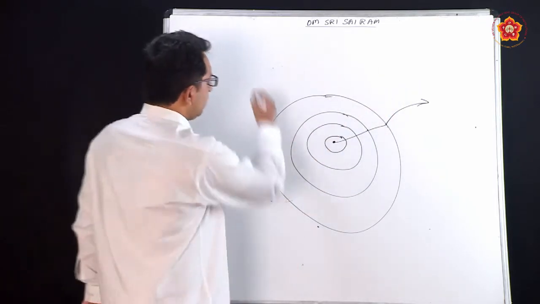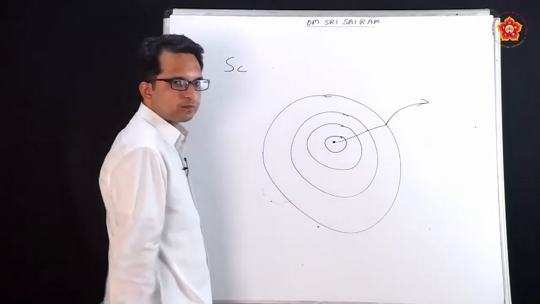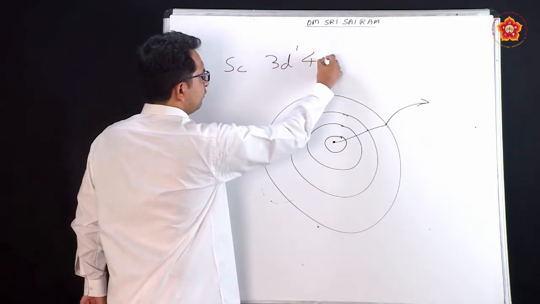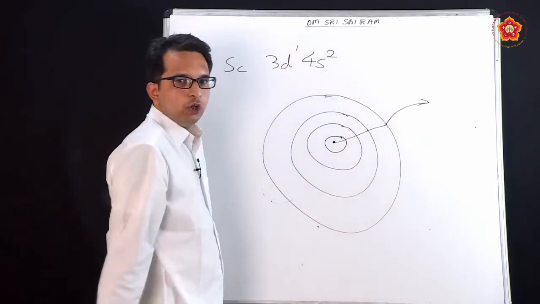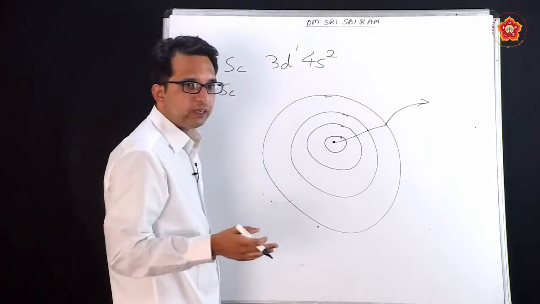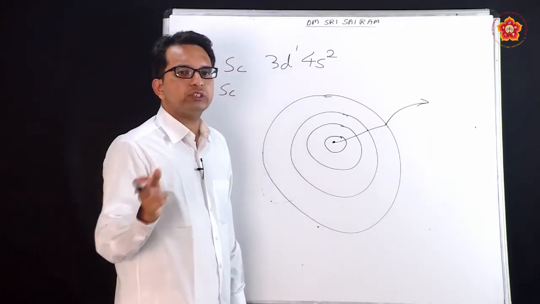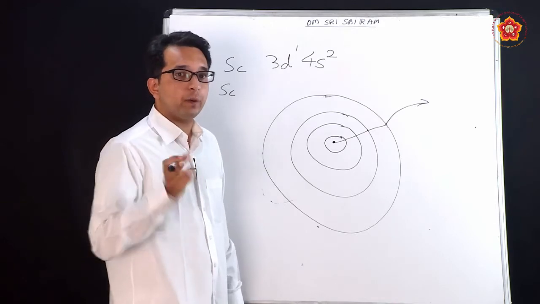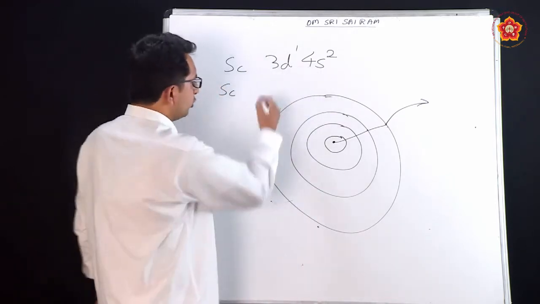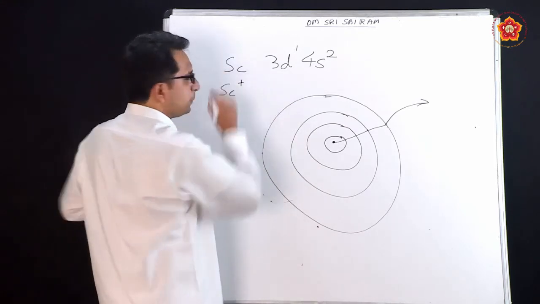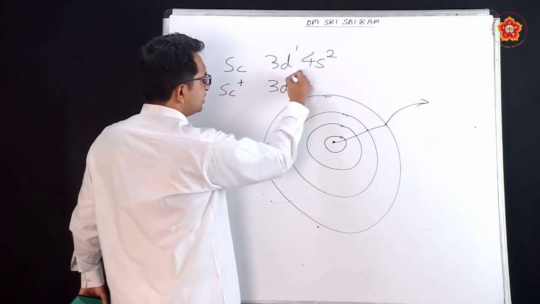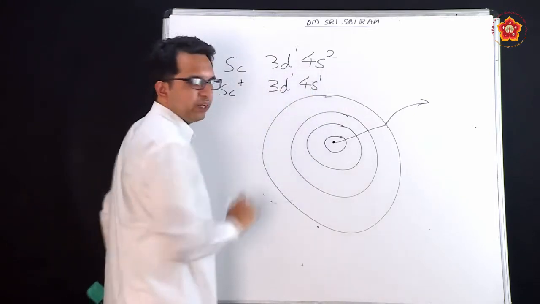For example, I have scandium. This scandium has an electronic configuration of 3d1 4s2. When I remove the first electron, as I have always told earlier, filling is by various rules like the Aufbau principle and Hund's rule, but removal has to be from the outside itself. Therefore, when I write it as Sc+, it is now an ion, and the configuration is 3d1 4s1.